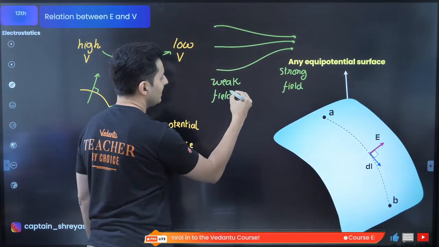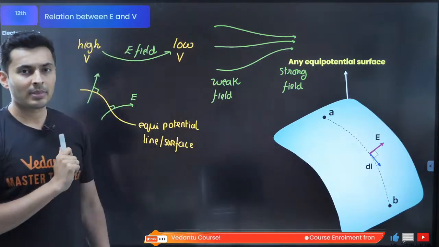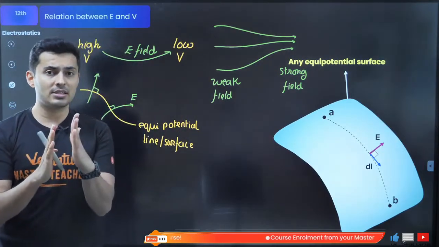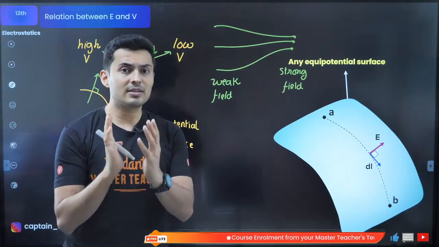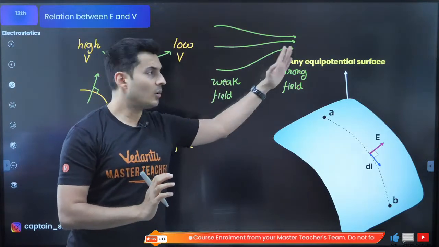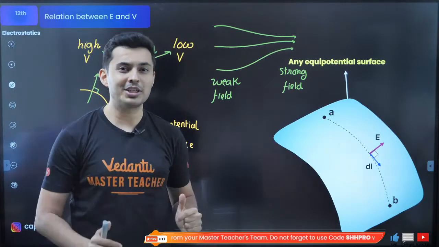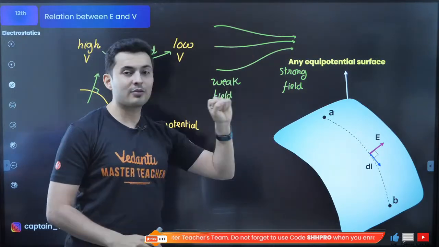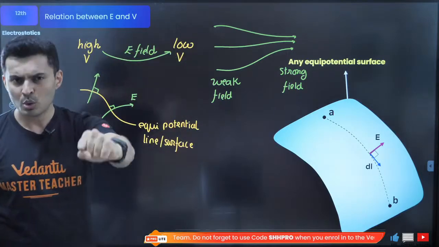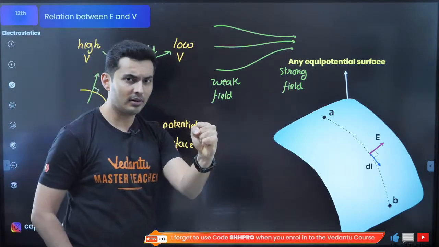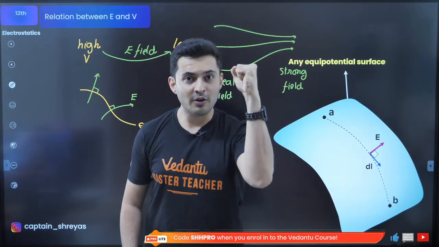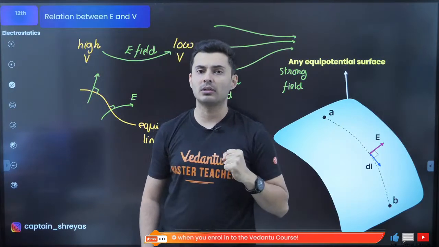There is weak field because the lines are a little bit far away. Guess what? The equipotential lines are not as closely packed as they are over here or there. The closeness of these equipotential lines also changes depending on the electric field's strength. Wherever the field is strong, the force is strong, the work done by that force is also strong.